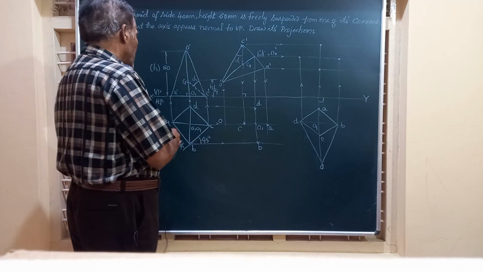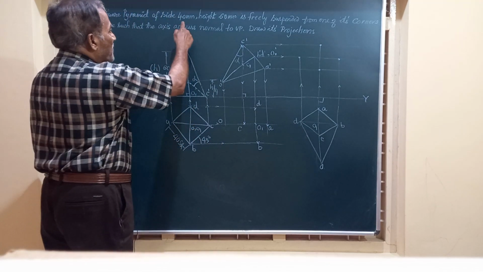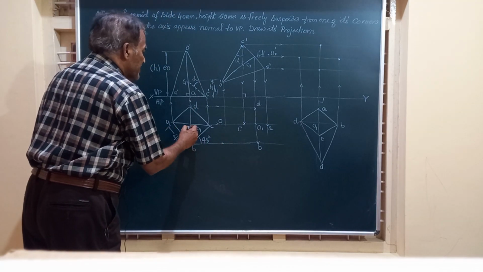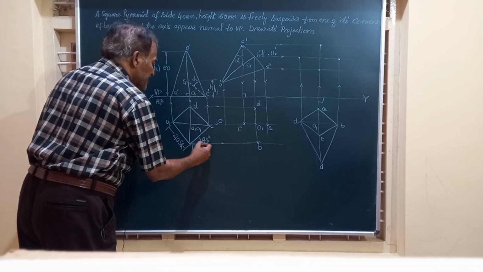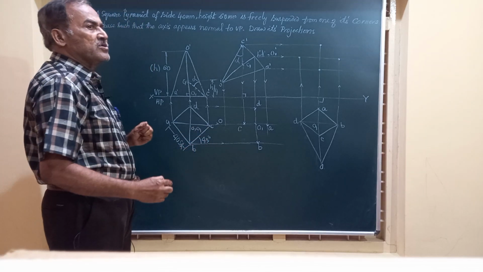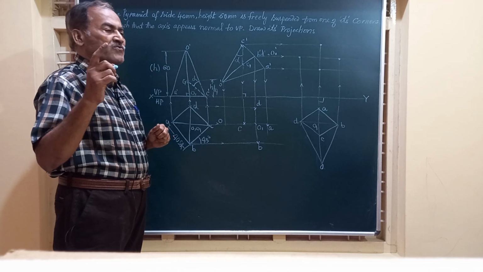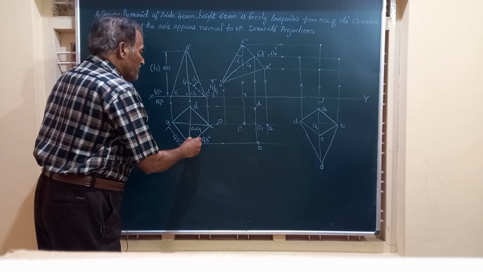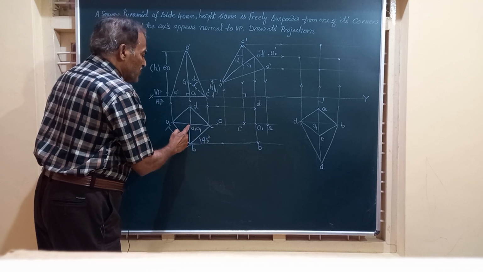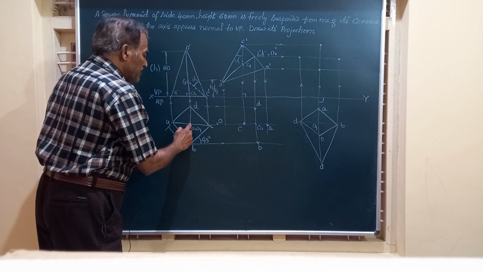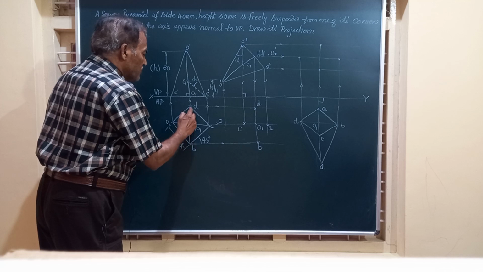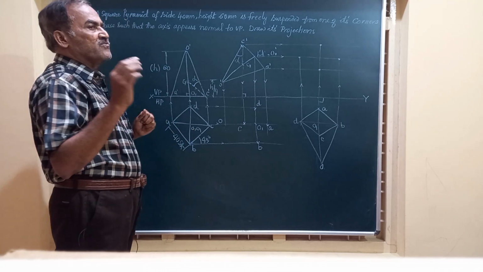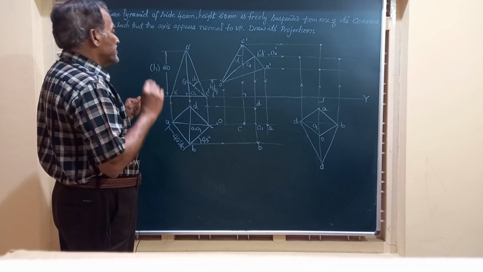Friends, now I have constructed a square of the given side with one of the base edges at 45 degrees to VP, so all the four edges are equally inclined to VP, and obtained the top view. In the top view, these lines OA, OB, OC and OD represent the four slant edges of the pyramid.